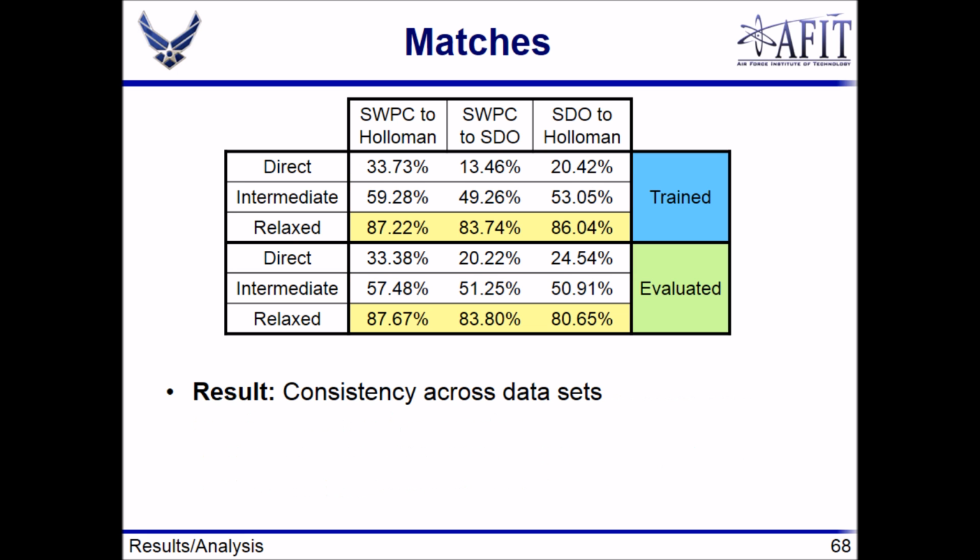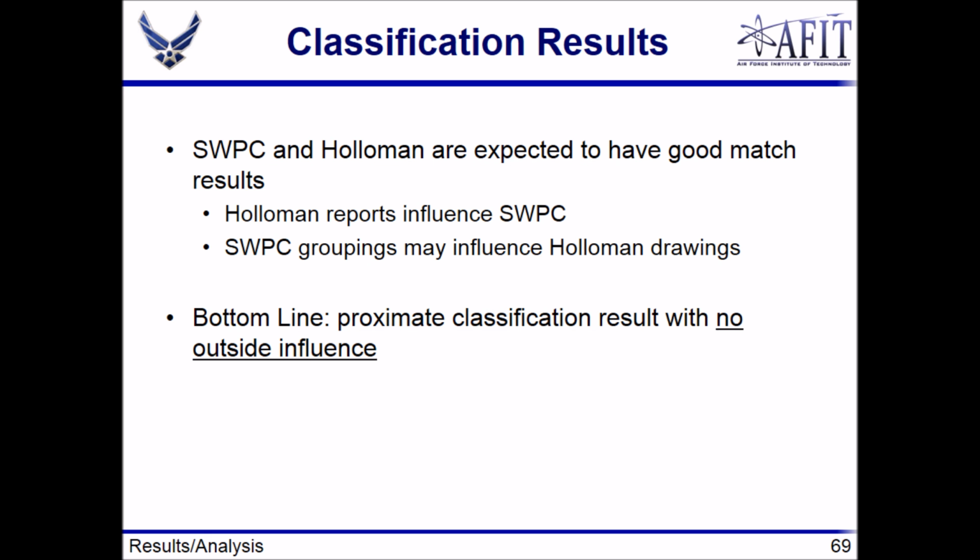Then on slide 68 here, I'm highlighting that we have consistency across data sets too. There's a consistency between the trained data set and the evaluated data set, and we have pretty consistent results between those 2. So promising results there. On slide 69, I want to highlight that the classifications that were produced by SWPC and Holloman are pretty much expected to have good results.